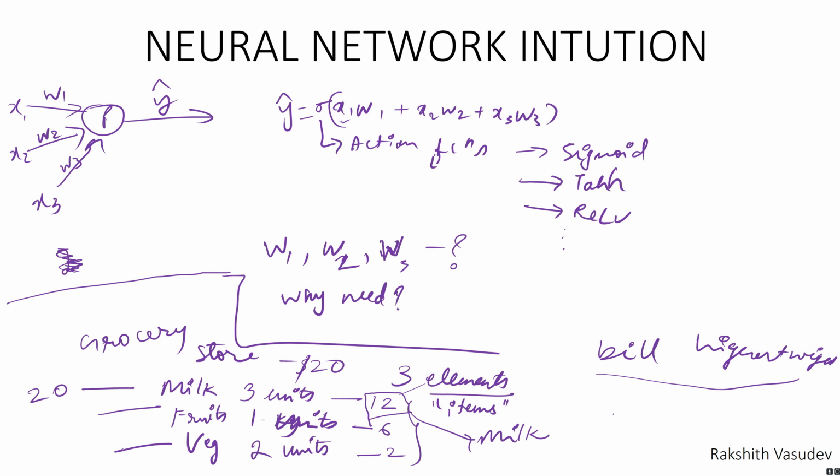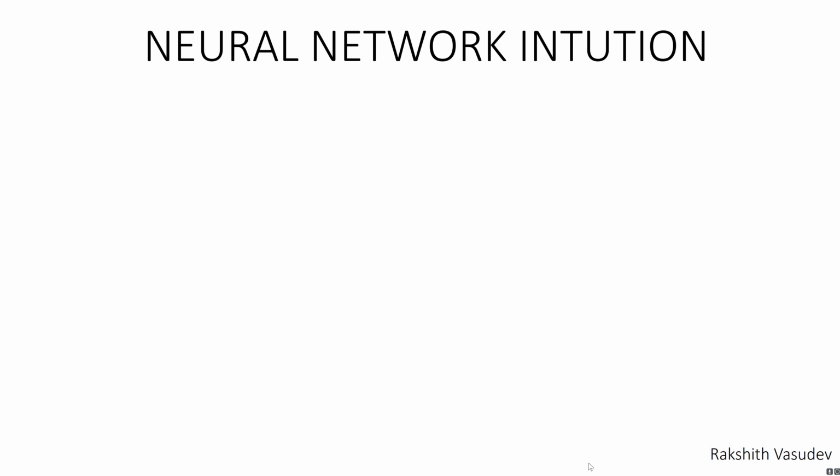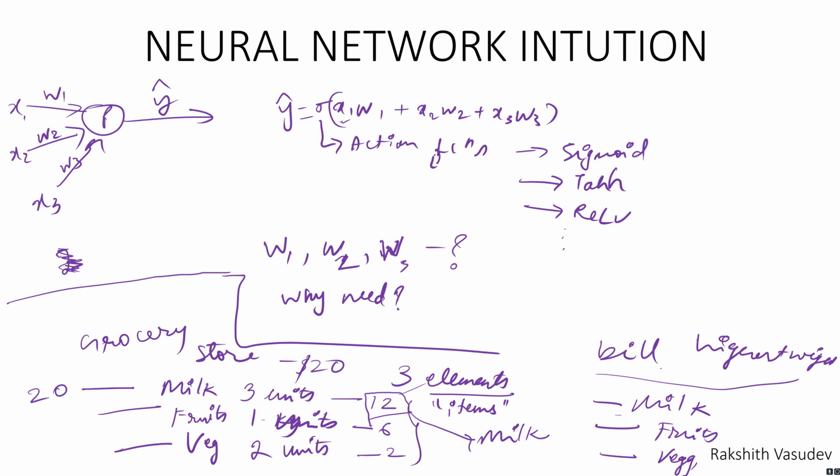The highest cost is for milk. In descending order, the most money is spent for milk, the next most for fruits, and the least for veggies, right? And that is basically what it is even in neural networks.